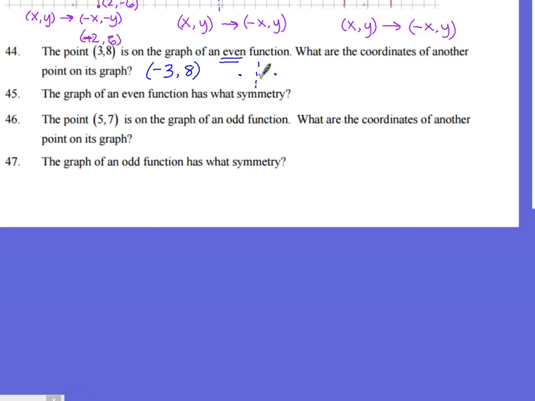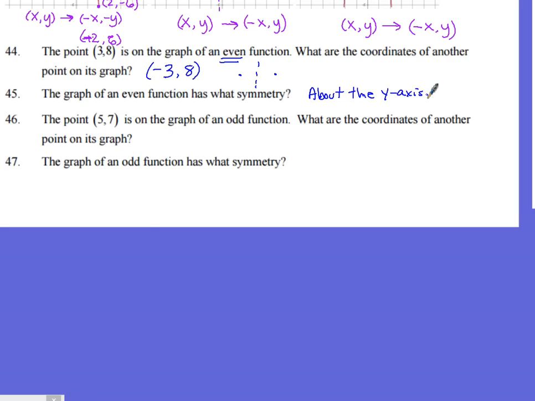The graph of an even function has what symmetry? Symmetry about the line. Oh, I don't know why I'm saying the line. About the y-axis. Sorry about that. It's symmetric about the y-axis.